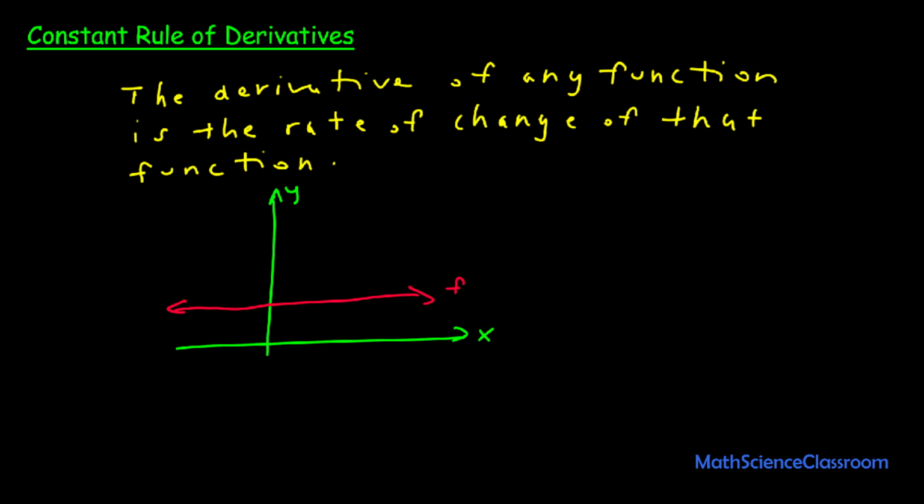So f of x equals a constant. So remember, the rate of change is delta y over delta x. So the first thing we see is y is not changing. There is no change in y, or delta y equals 0.